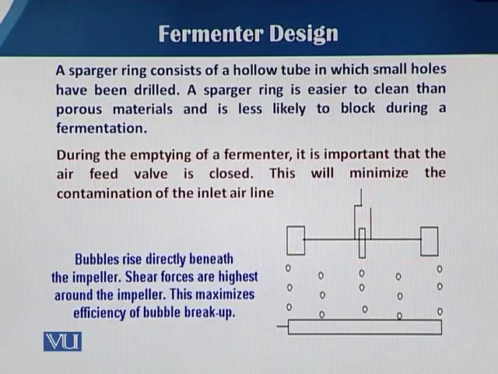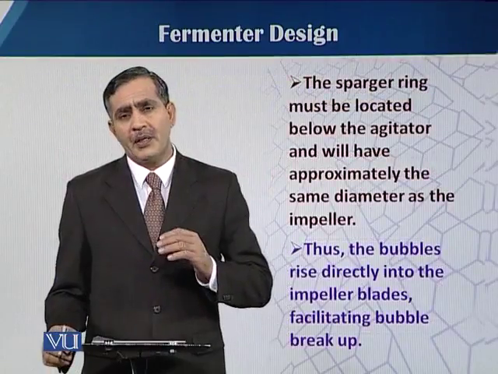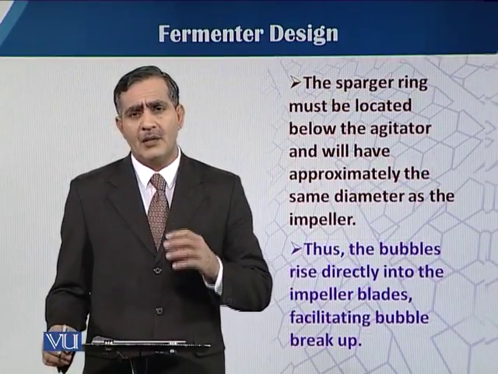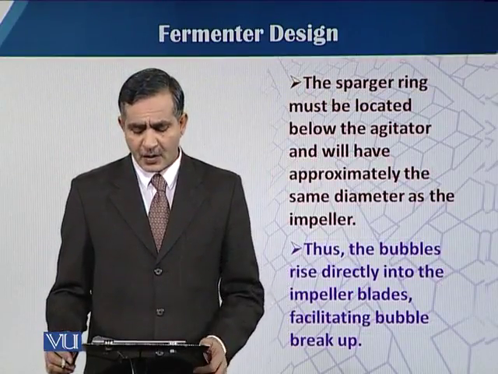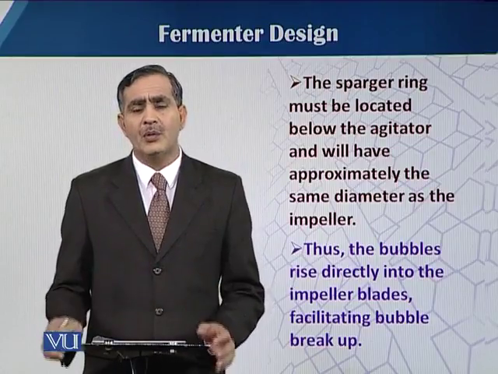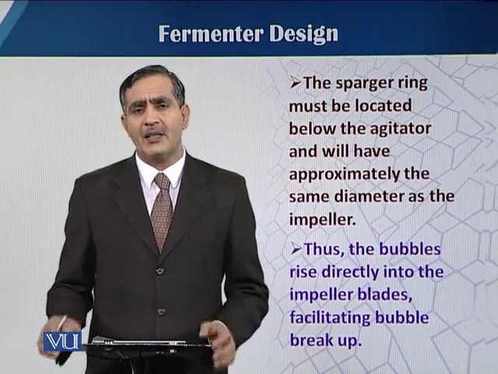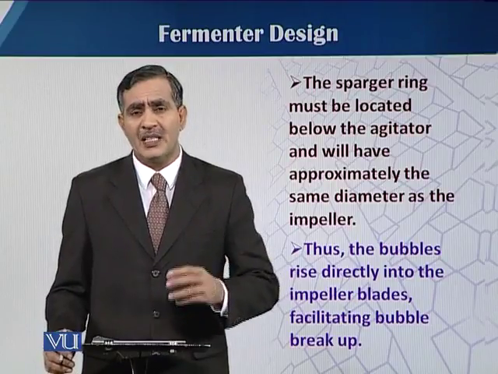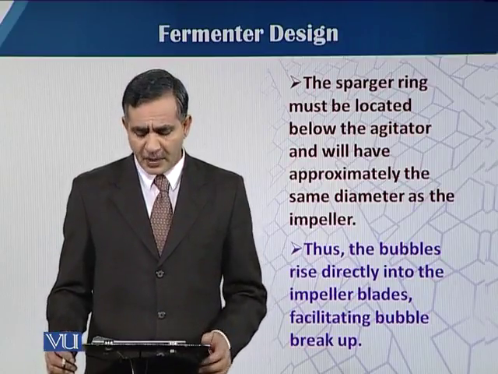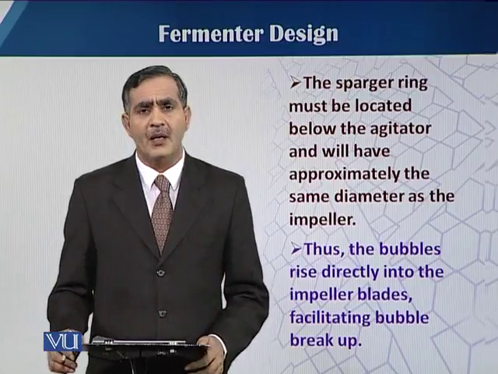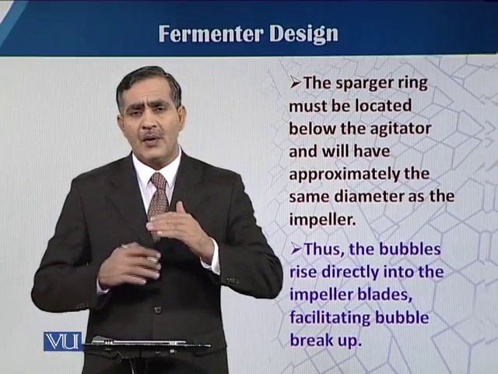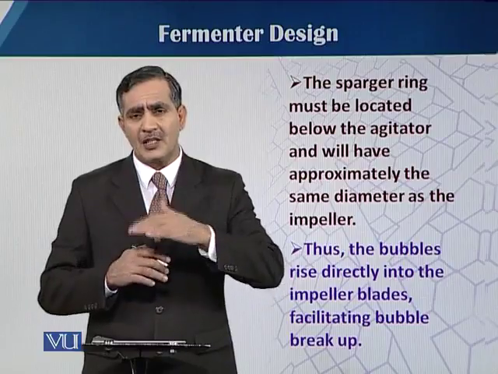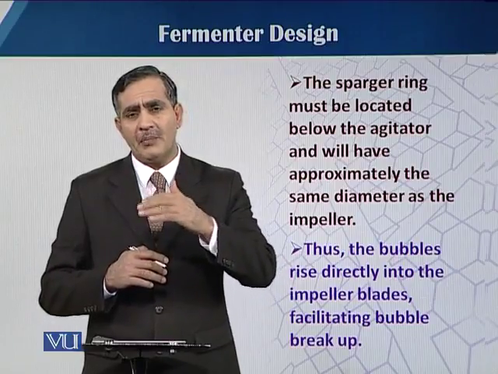As for the sparger ring, it should be situated exactly below the impeller. That helps to have direct contact with the air bubbles and facilitates the breakdown of the bubbles into a smaller size. That is the role of placing the sparger just below the impellers.